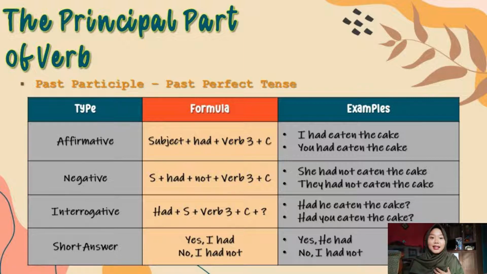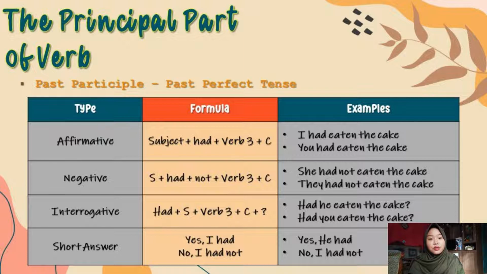Example: I had eaten the cake. She had eaten the cake. Second, the negative: subject plus had plus not plus verb 3 and complement. Example: he had not eaten the cake. We had not eaten the cake.